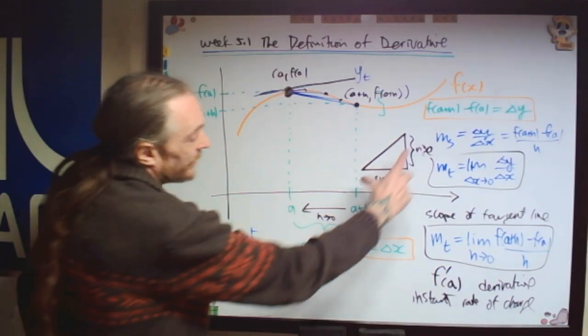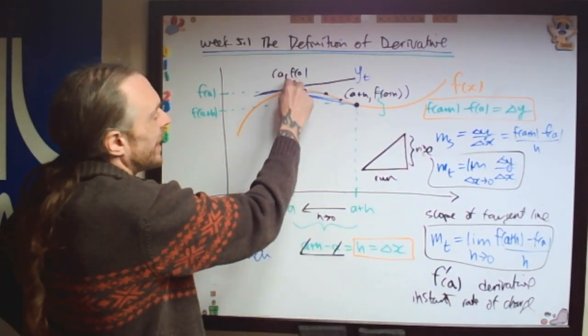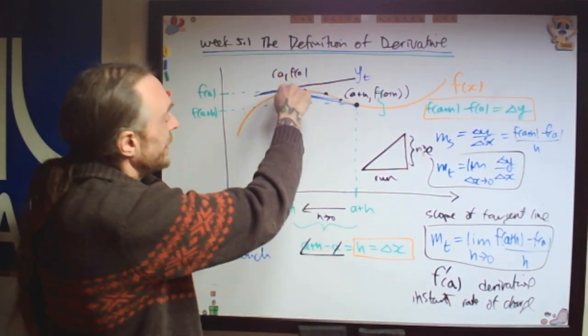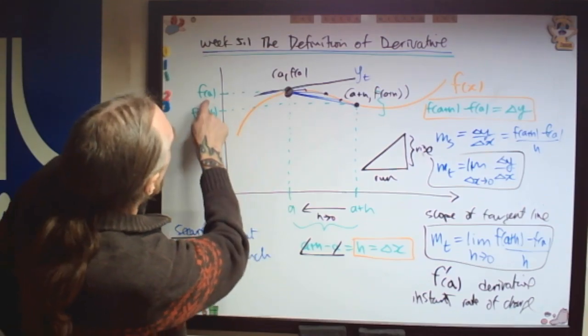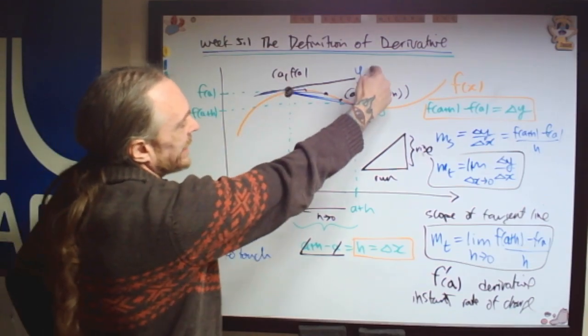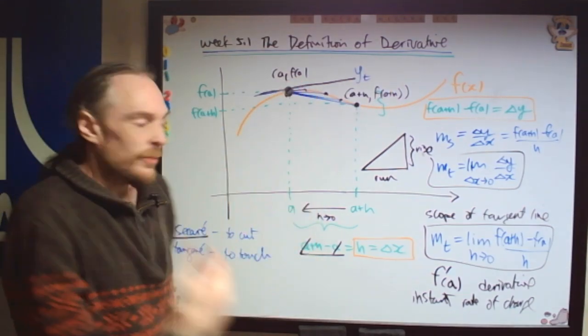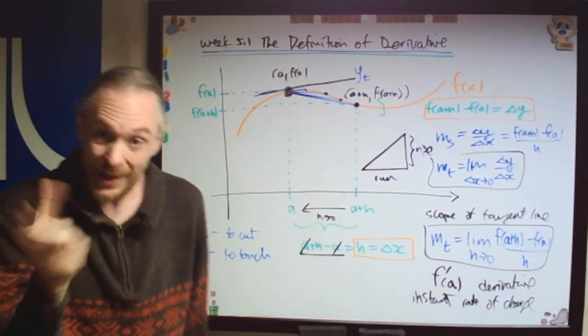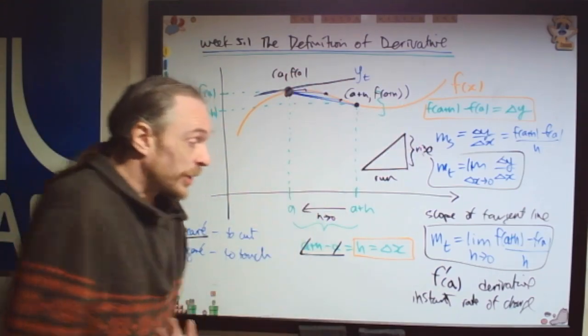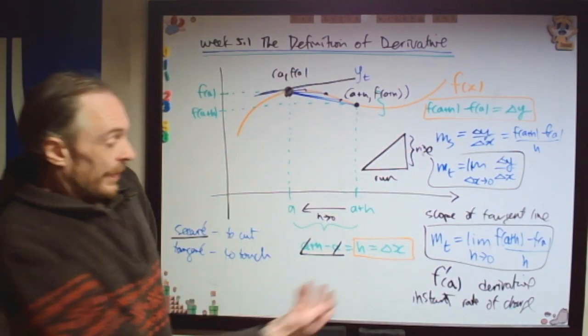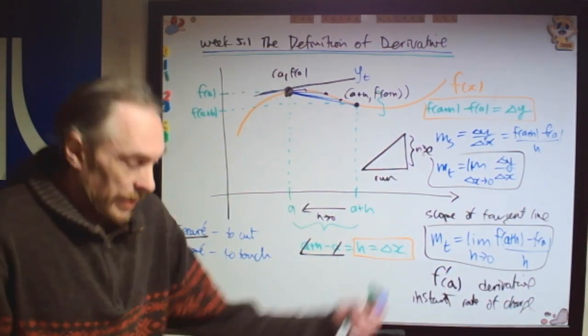Because we're looking for the rate of change of those lines, they touch exactly at one point, and the value of f equals the value of the tangent line there. So their rate of change will be exactly the rate of change of this straight line, which we can compute as this limit. And that is exactly what we're now going to call the derivative.